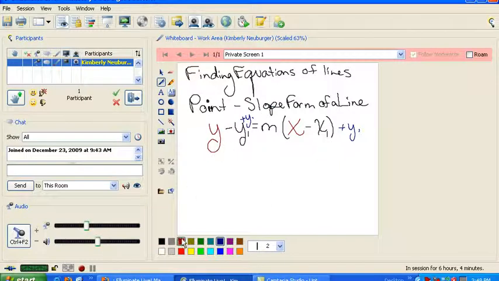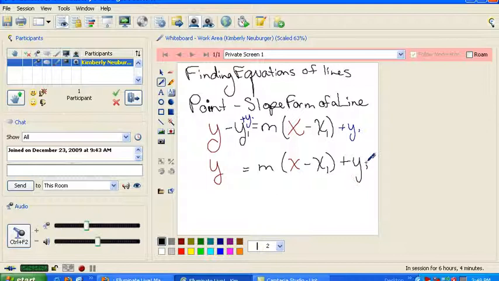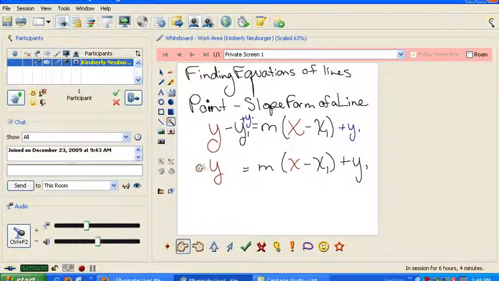So an alternative form of this equation would be with y by itself, and on the other side you have m times x minus x1 plus y1. You can use either form of the line. I prefer this form because all I have to do is distribute and combine like terms. This form here is also fine. This is what you'll see in your book. You'll just end up having to add y1 to each side every time you use it, and then simplify. So it's up to you which one you want to use.